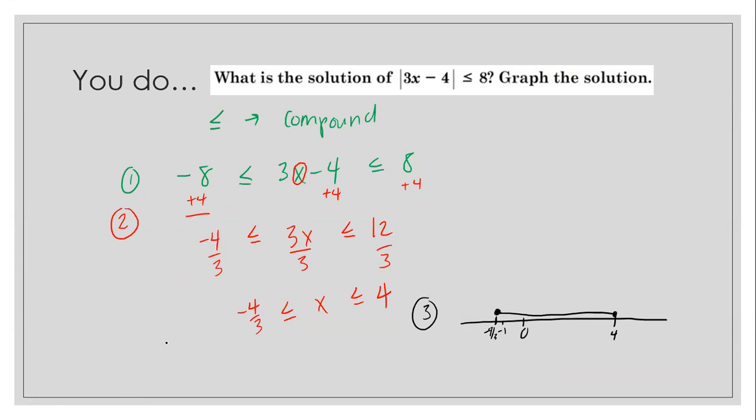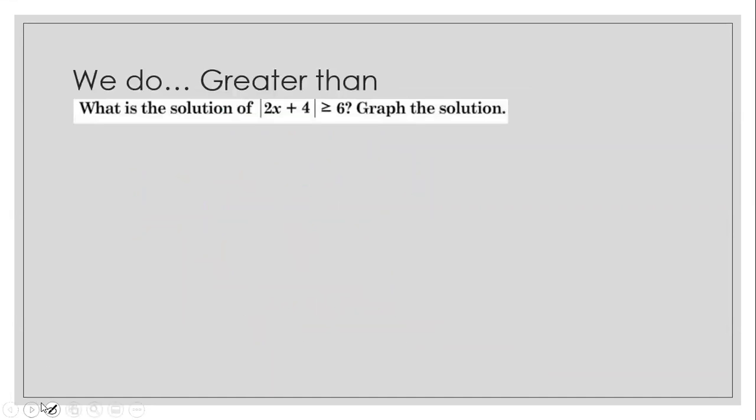All right. So next, we're going to move into our greater than situation. Greater than is where we're splitting. For greater than, we're going to have to split because it's telling us it could be this or that. That situation of that "or" is what's going to get us. So we're going to split and flip, is what I call it.